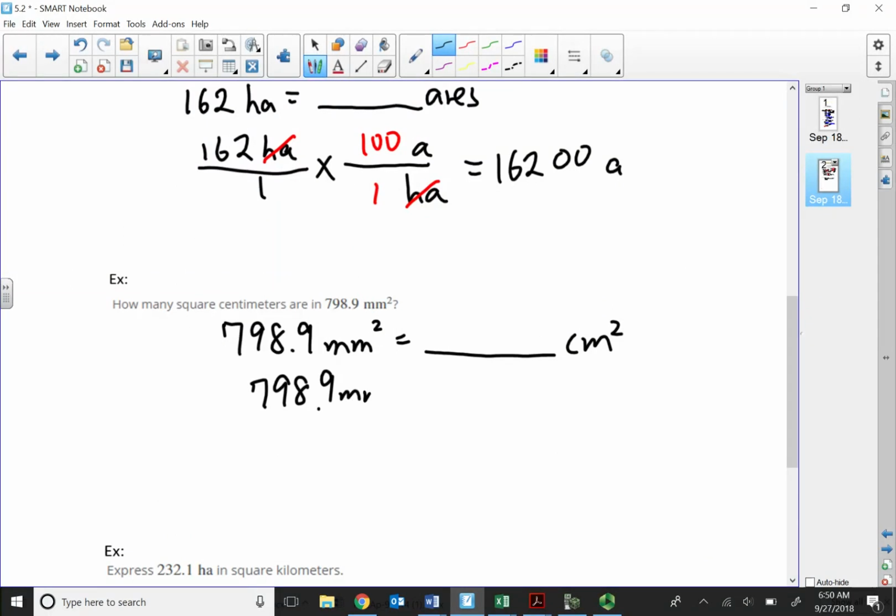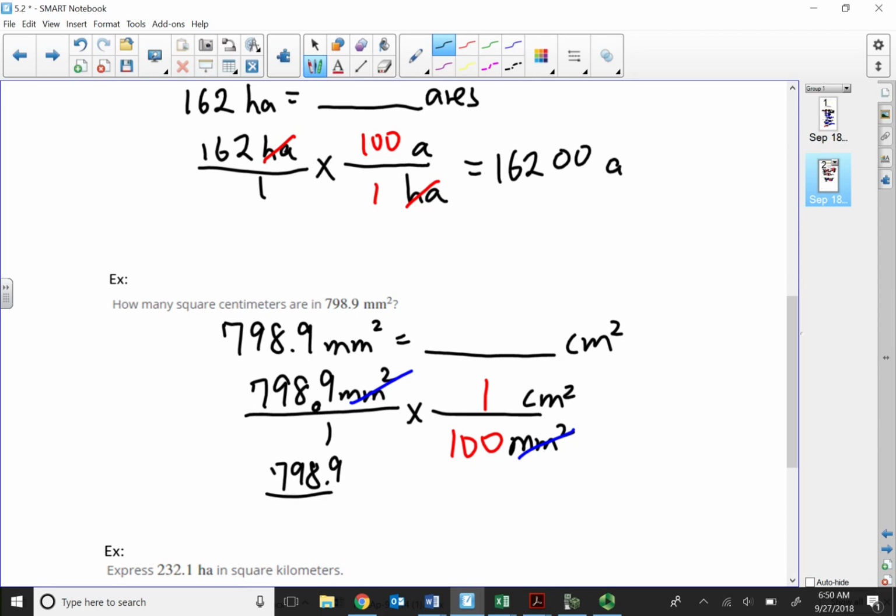So that will be 798.9 square millimeter over 1 times another fraction. Put my square millimeter down here, put my square centimeter up here. My ratio is 1 to 100. So in this problem, the square milli cancels out. So 798.9 times 1 is 798.9, divided by 1 times 100, which is 100.